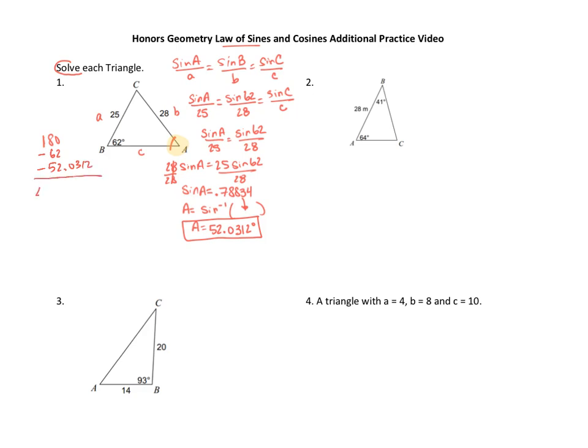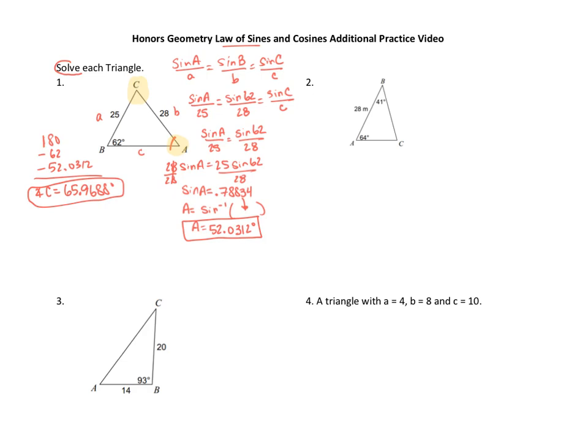So we can figure this out on our calculators, and we will get angle C as being 65.9688 degrees. So now I've got angle C here.